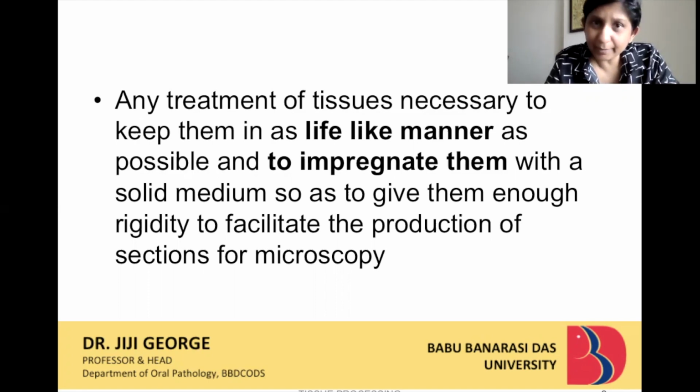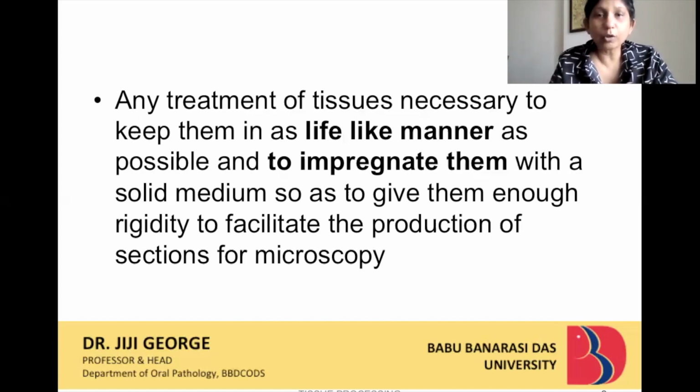So our first aim is to remove the water and fill it with something like a wax, which will go and fill those tissue spaces and make the tissue rigid enough for you to cut it with a microtome knife. So that is the whole concept behind tissue processing, making the tissue ready for sectioning.